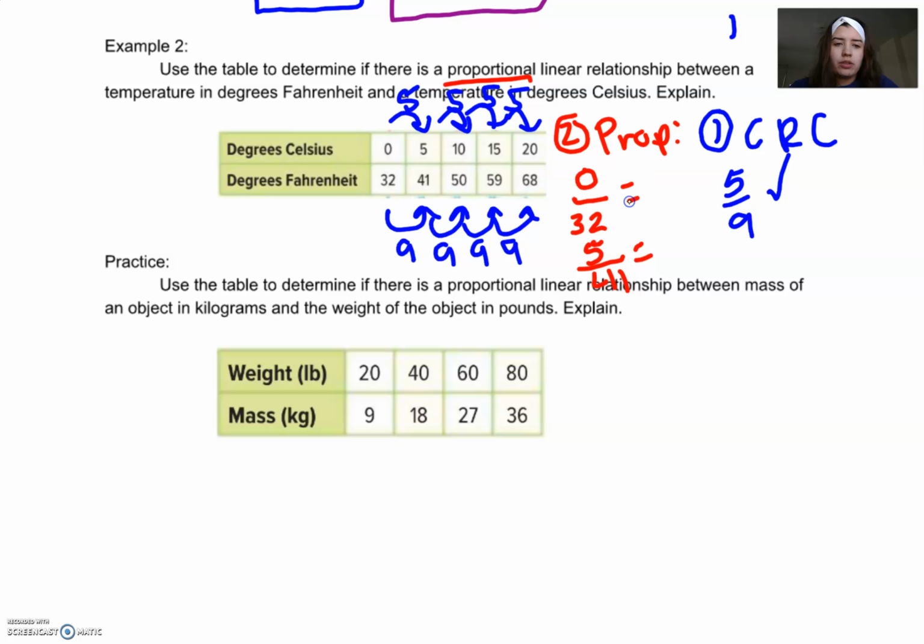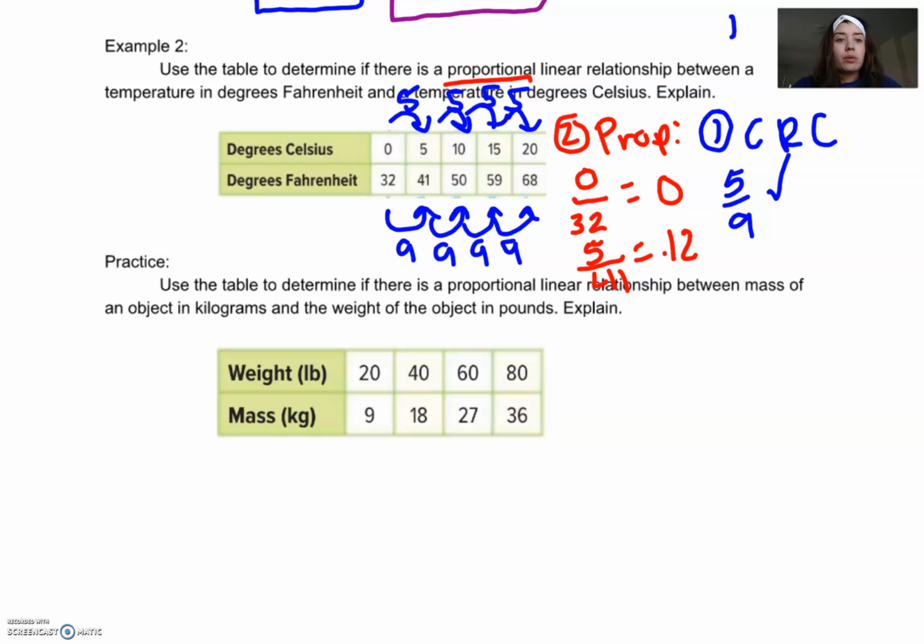And all we have to do is divide. 0 divided by 32 is 0. And 5 divided by 41 is 0.12. Now, because 0 and 0.12 are different numbers, this is not proportional.